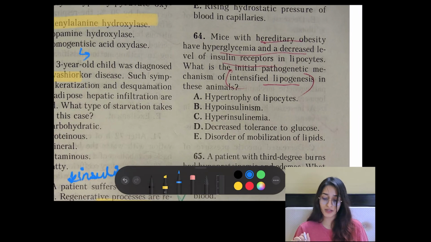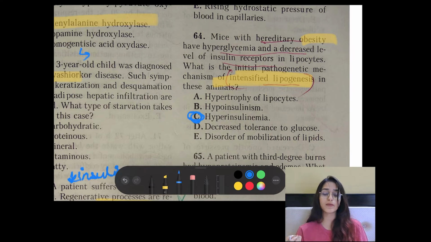54. Mice with hereditary obesity have hyperglycemia and decreased level of insulin receptors in leukocytes. What is the initial pathogenetic mechanism of intensified lipogenesis in these animals? So he had obesity. Why? In the last line of the question, they're asking why there is intensified lipogenesis. So it is because of hyperinsulinemia and not hypoinsulinemia.